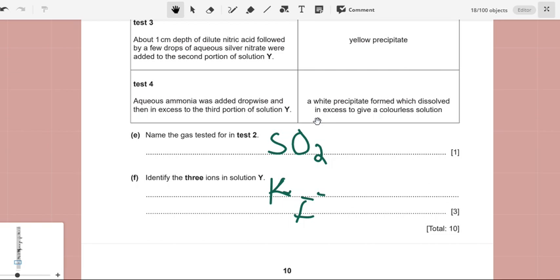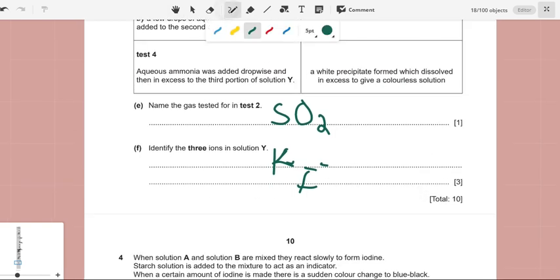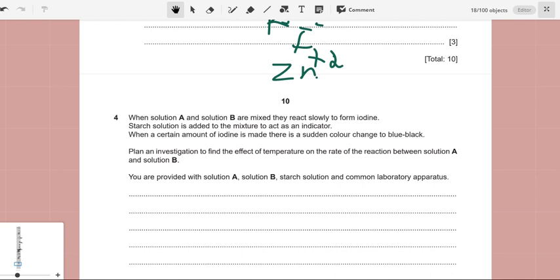So that is the indication of zinc ions. You have to remember that whenever you write these, they should be in ionic form: potassium ion, iodide ion, and zinc ions.